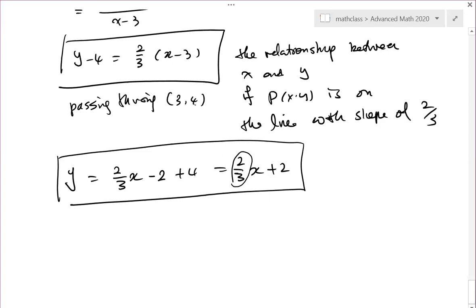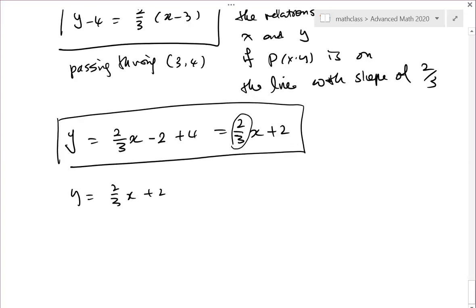And how about the second equation? What can you say from this equation? The point disappeared, but you still get the point. When x equals 0, the y value is 2.